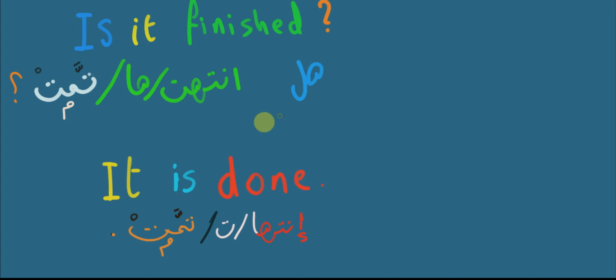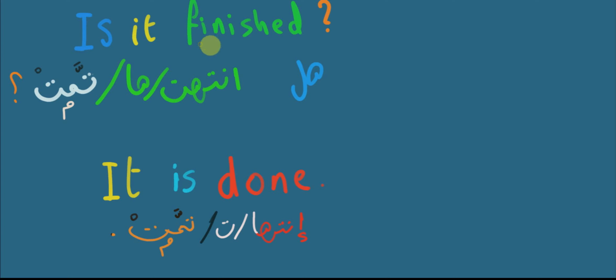We already discussed the do and the did. If you want to indicate the thing in the past is completely done, it was finished in the past, you say done. So it's in answer to this question, is it finished? You say it is done.